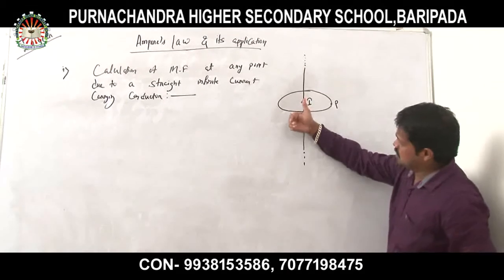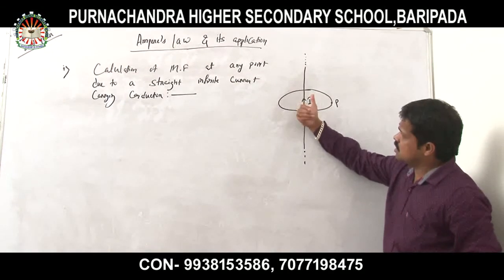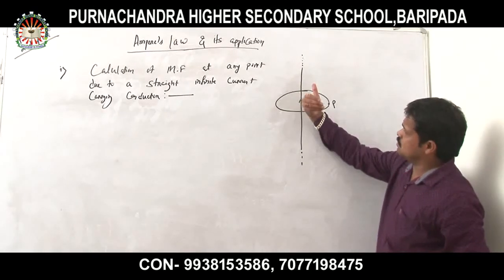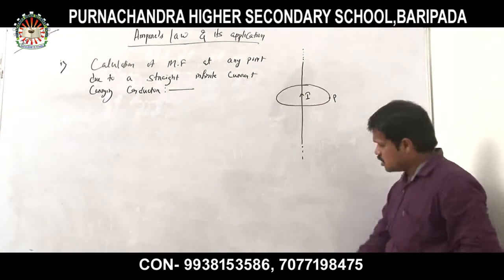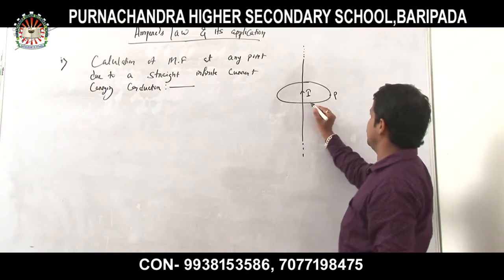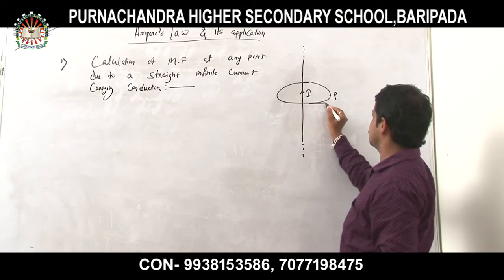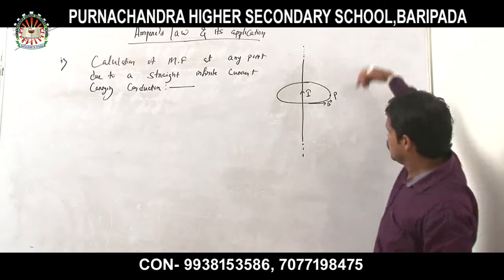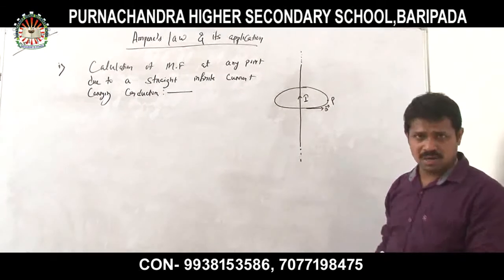So I will place it in this manner: this is my direction of current, and this is my direction of magnetic field. This is the direction of magnetic field, and everywhere you can calculate it.